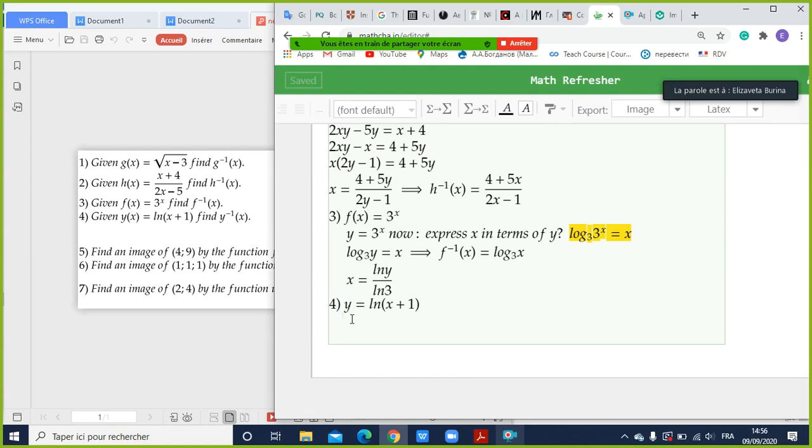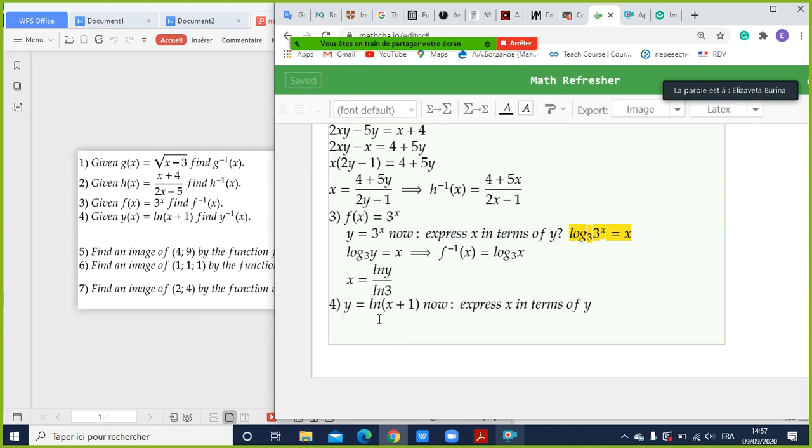So, okay, now guess what? We have the same task of expressing x in terms of y. Okay, how do we extract x here? It is inside a log, and we also added 1 to it.